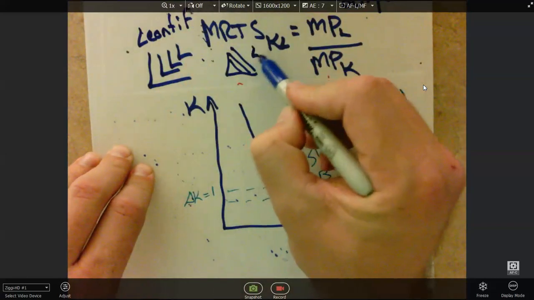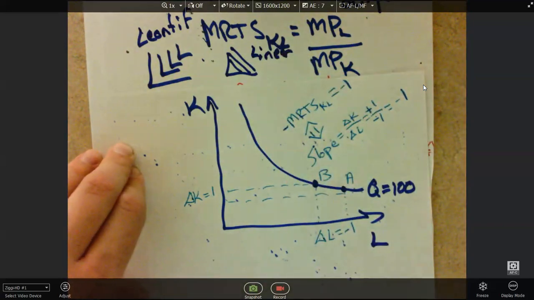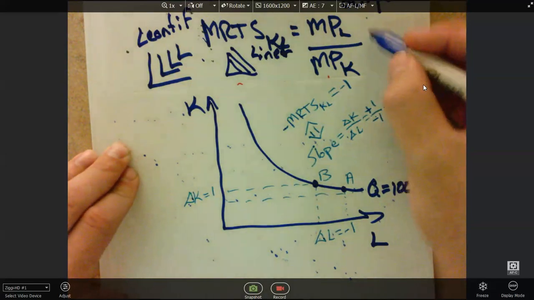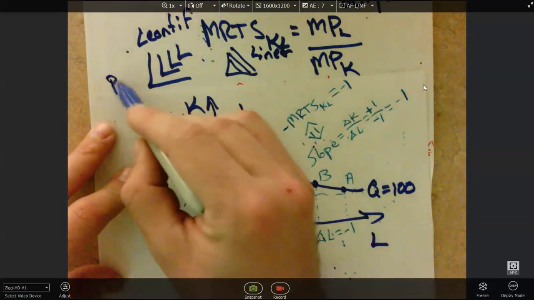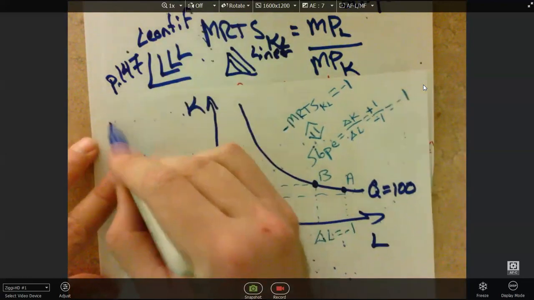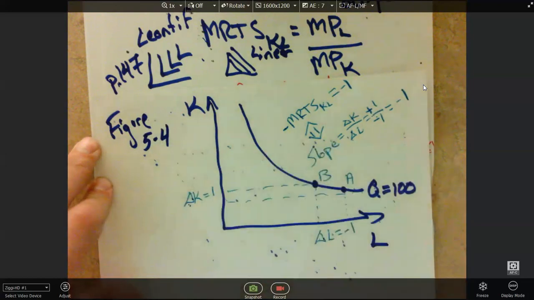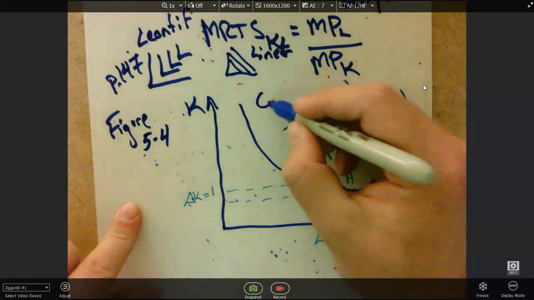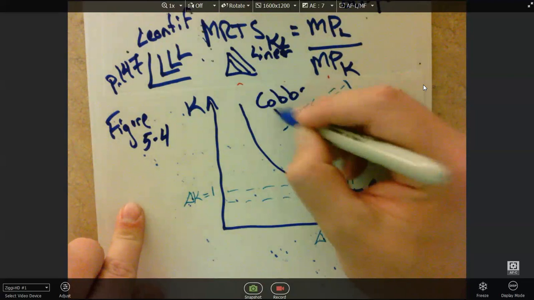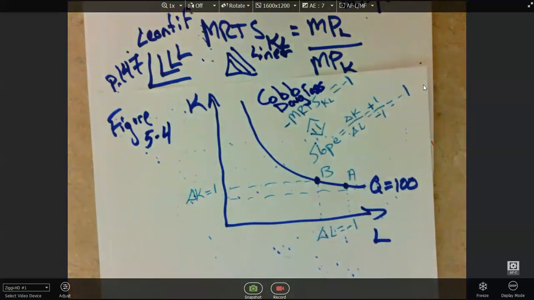This is linear. And this is all talked about on page 147 of the text, figure 5.4. So this is going to be a Cobb-Douglas function. And remember, the Cobb-Douglas is the most representative of reality.